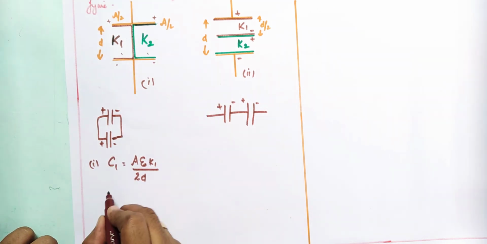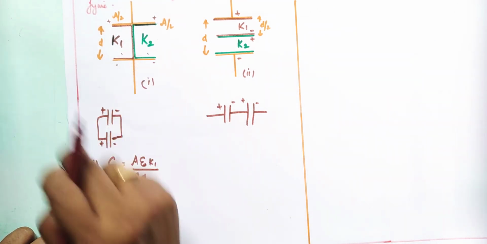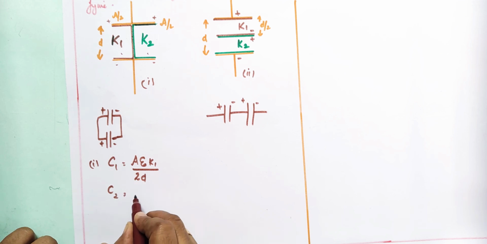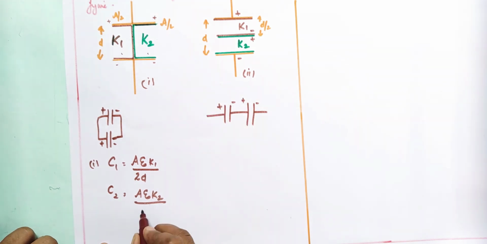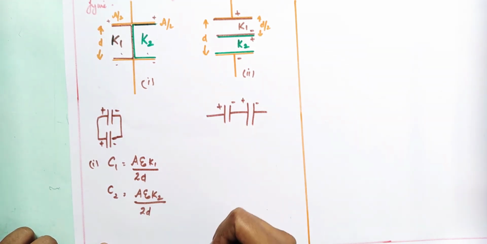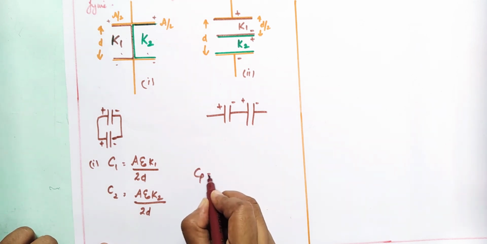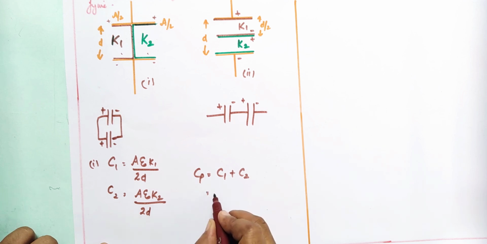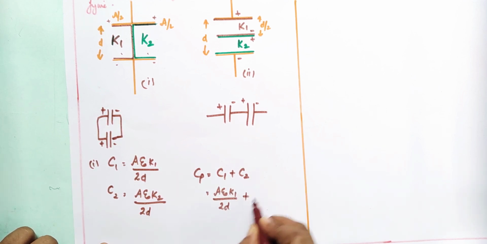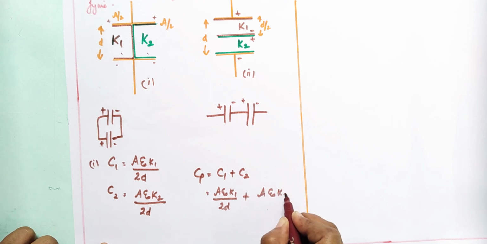And here the second capacitance. In the first figure, C2 equals again A epsilon 0 K2, and again A becomes A by 2, so here it becomes 2D. The two capacitors are connected in parallel, so the general formula is Cp equals C1 plus C2, which is A epsilon 0 K1 divided by 2D plus A epsilon 0 K2 divided by 2D.